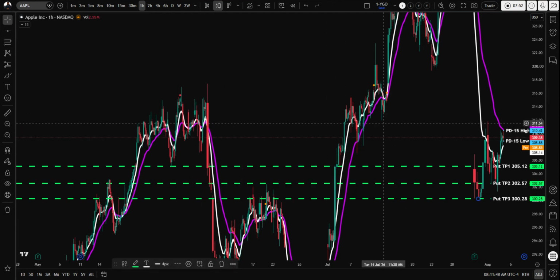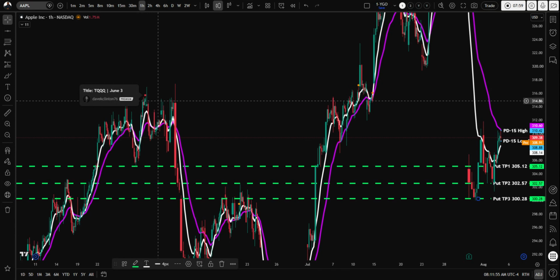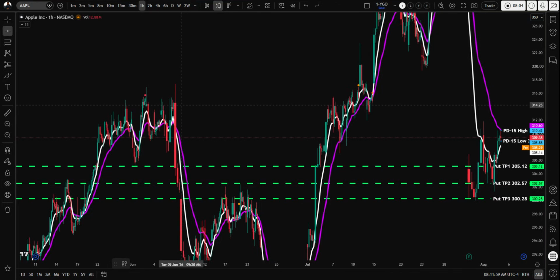All right, for the upside, we're looking around 314. I think that's where I clocked it, about right here. This should be around my first take profit if it breaks the high, so if it breaks 310.42. I use the hour just because it's a stronger level, a higher time frame.